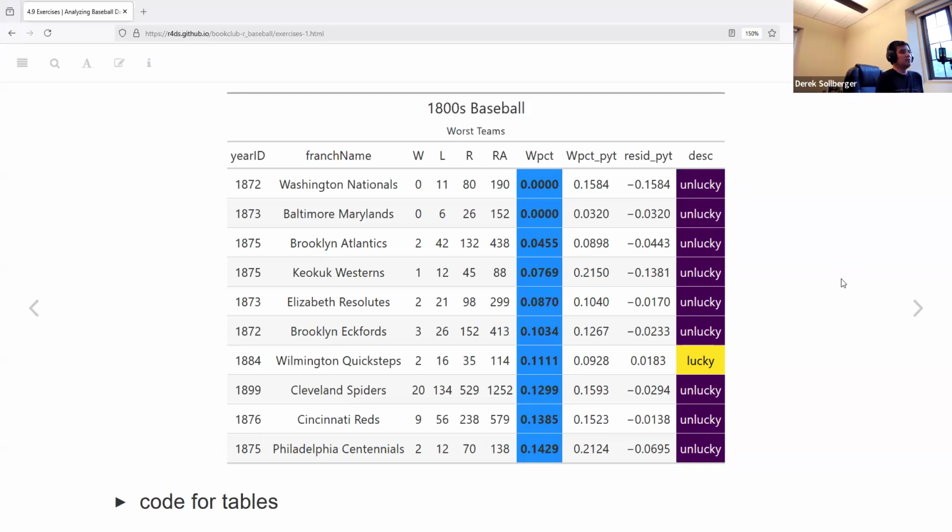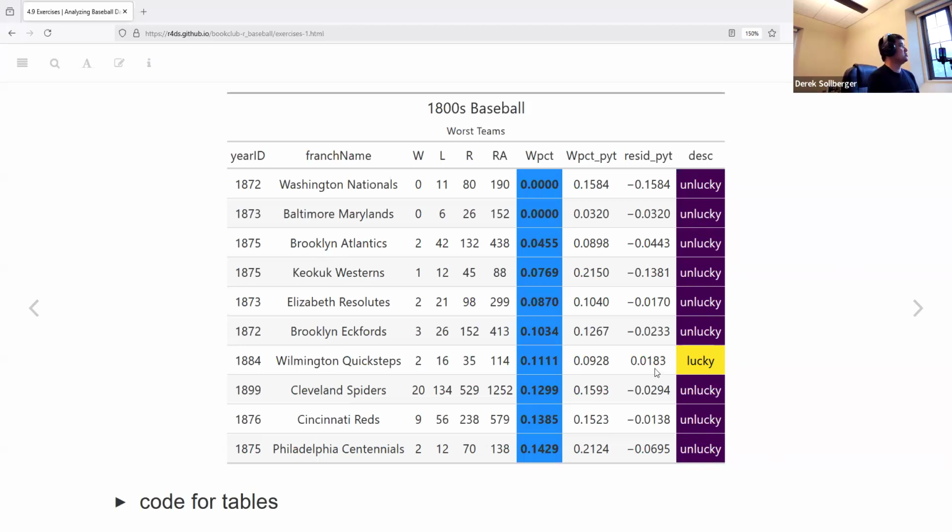When you take the log of 0, it breaks your calculations. So I took some liberties at this point. On the right-hand side of the screen, you notice on the residuals, in terms of comparing the Pythagorean with their actual win percentage, 9 out of the 10 teams were unlucky.